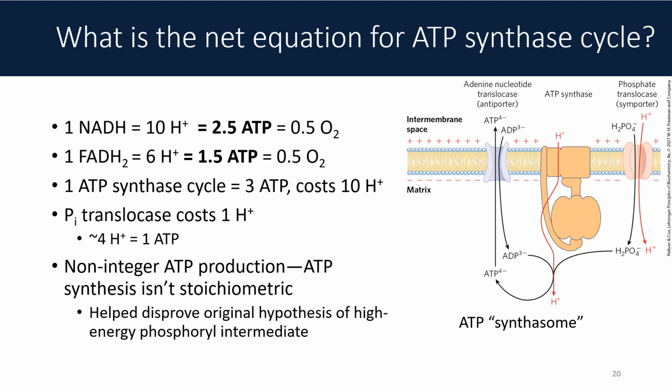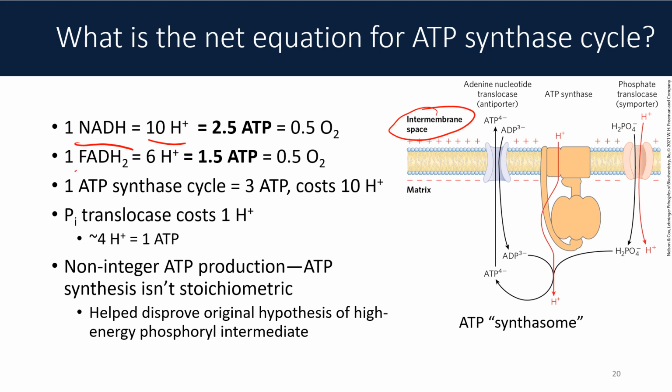Let's wrap all this up with a little bit of accounting. We already learned so far that one NADH molecule is ultimately, quote unquote, worth 10 protons pumped into the intermembrane space. We achieve this through the combined pumping activities of complexes 1, 3, and 4.